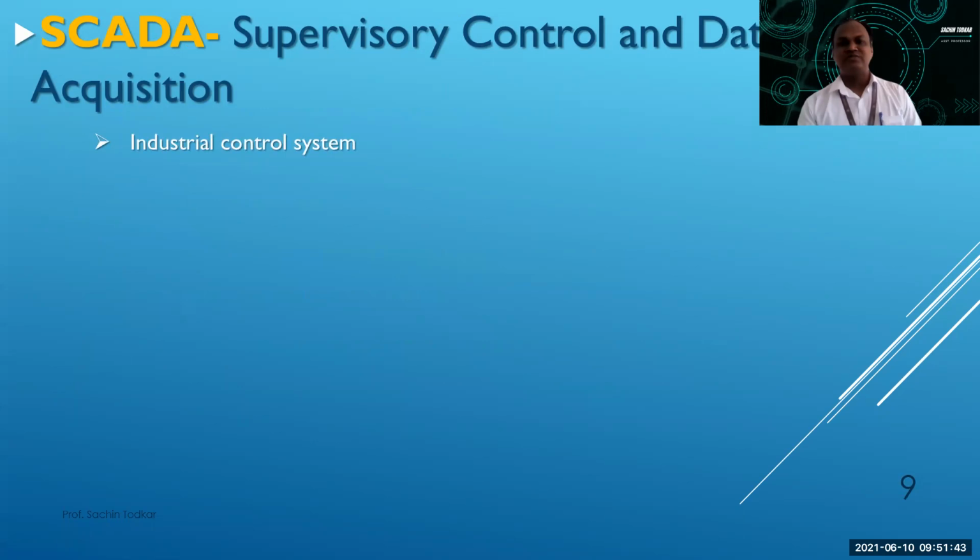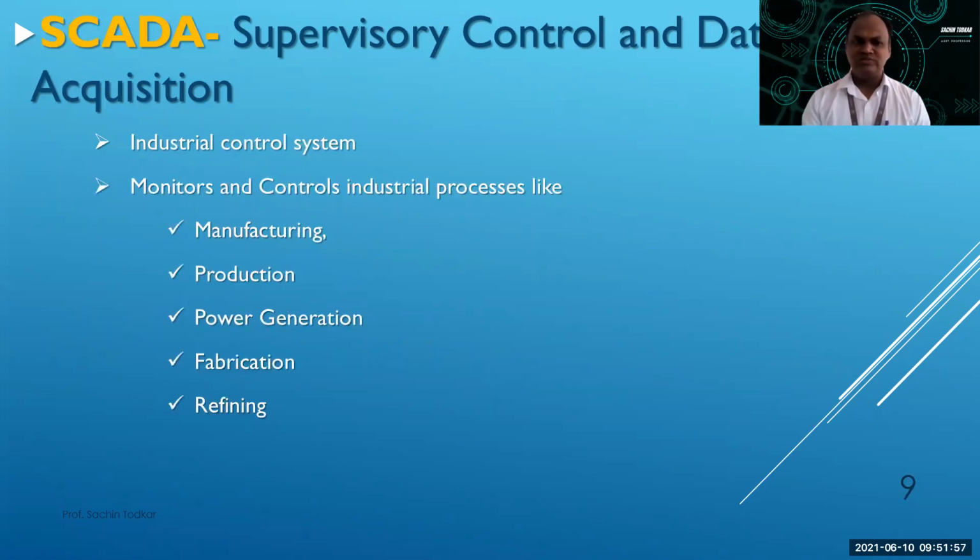Now, supervisory control and data acquisition, or SCADA. Right now, it is not in your syllabus, but in the industry, SCADA is used very frequently, and it is an industrial control system. So you will see in a cartridge good dairy, any milk dairy, you will get the SCADA system.